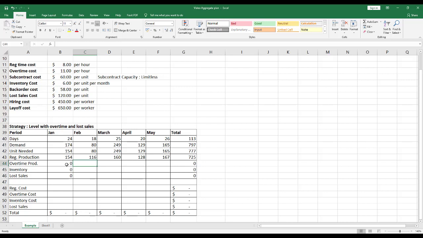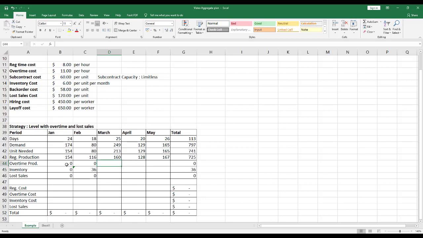But in the second month, overtime didn't have to be taken because the regular production is bigger than the unit needed. But there is some excess of production that have to be held in inventory. Regular production minus unit needed, and there is no lost sales for February.